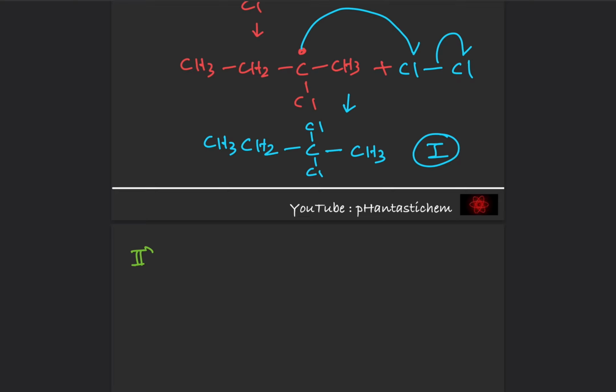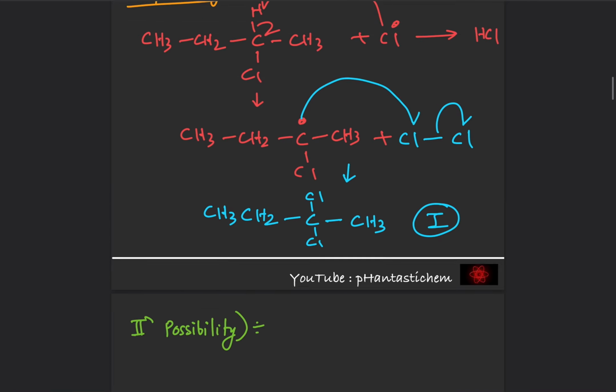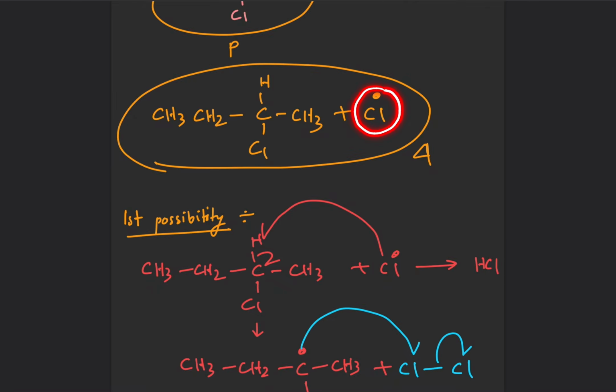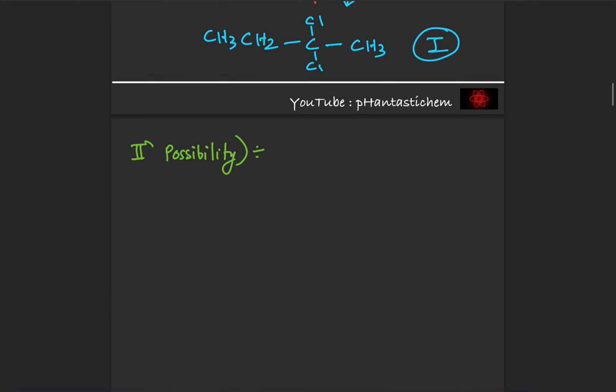The second possibility, let's talk about the second possibility. Remember, we reacted this Cl radical with this H. In the first possibility, we can also react this Cl radical with one H of this carbon, of the first carbon. So let's explore that possibility here. So let's say we have CH3, CH2, CHCl, CH2, H, and Cl radical.